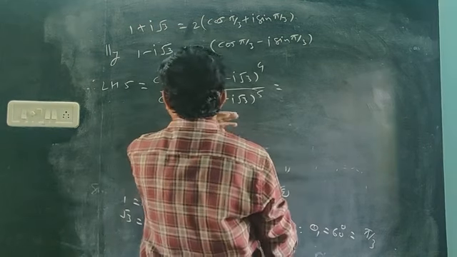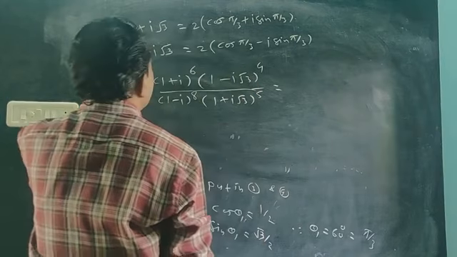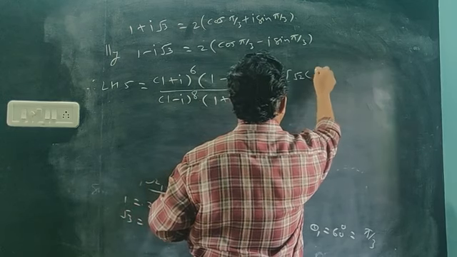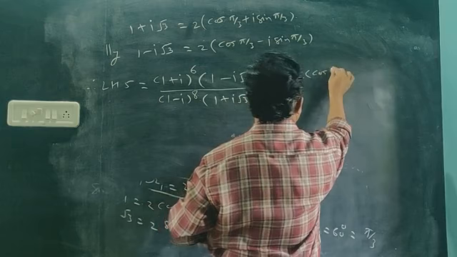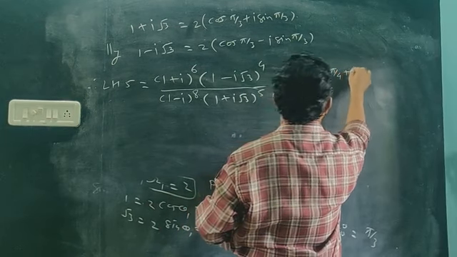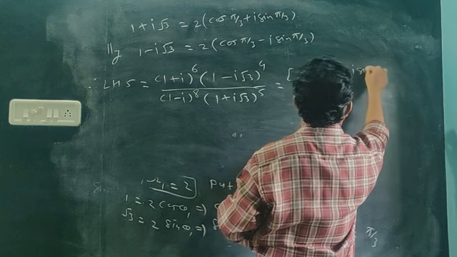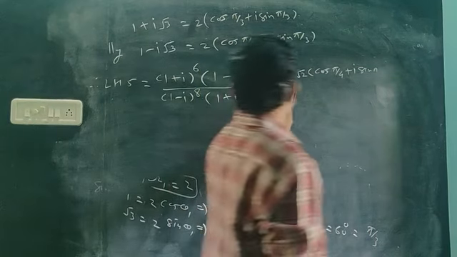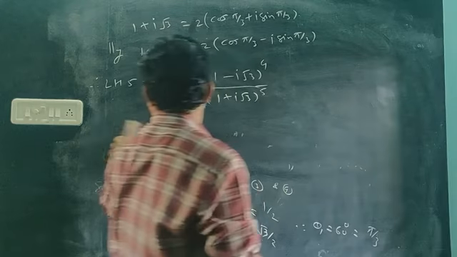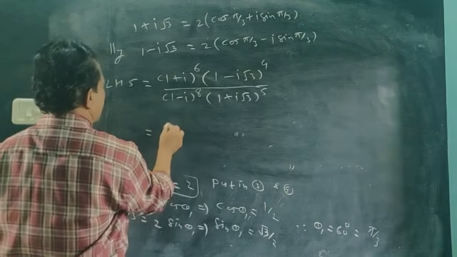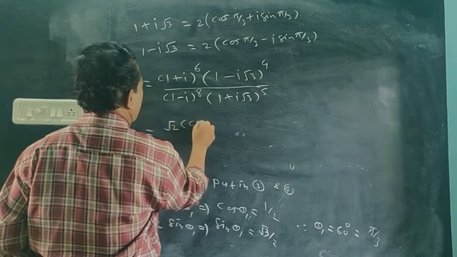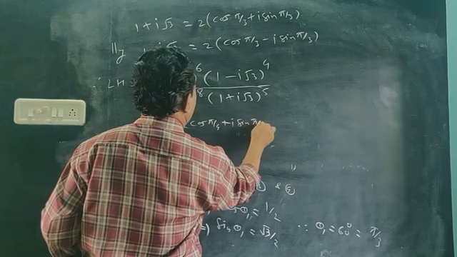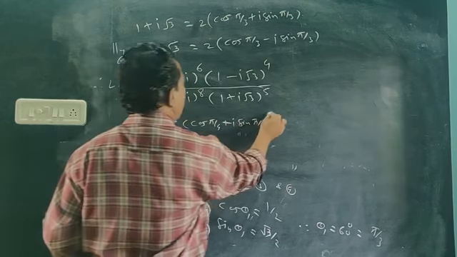So 1 plus I is root 2 times cos of pi by 4 plus I sin pi by 4. So 1 plus I is root 2 cos of pi by 4 plus I sin pi by 4, to the power 6.